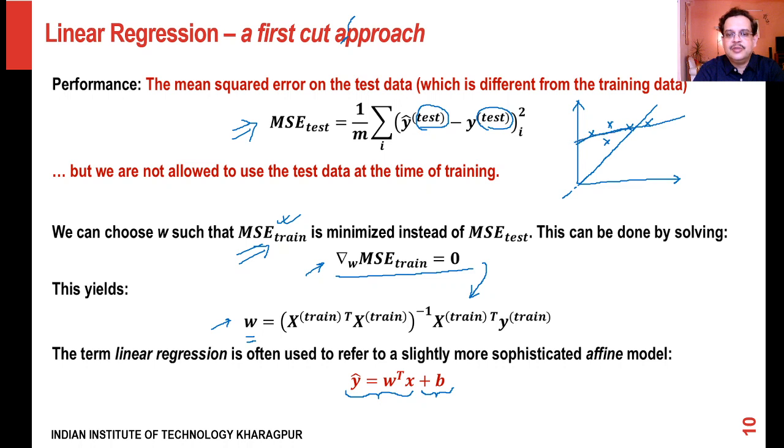This is also a straight line, by the way, but it does not have to start from x equal to 0, rather y equal to 0. So at x equal to 0, y is b. So that is an affine model.